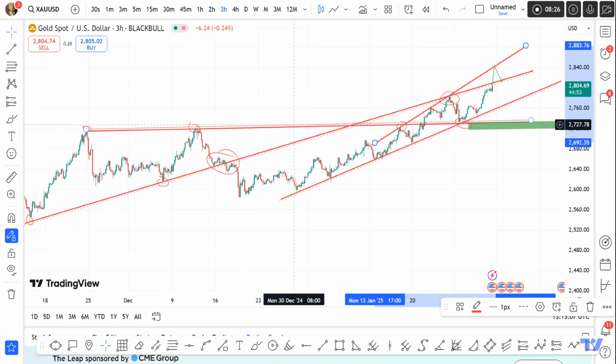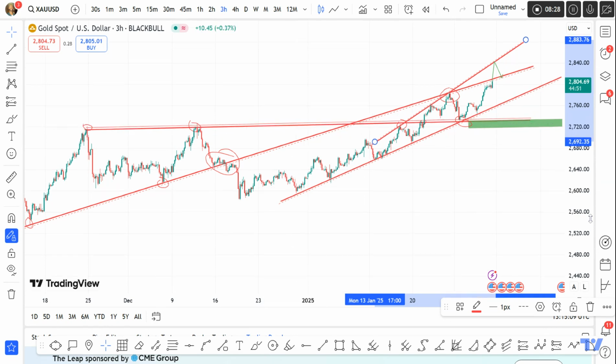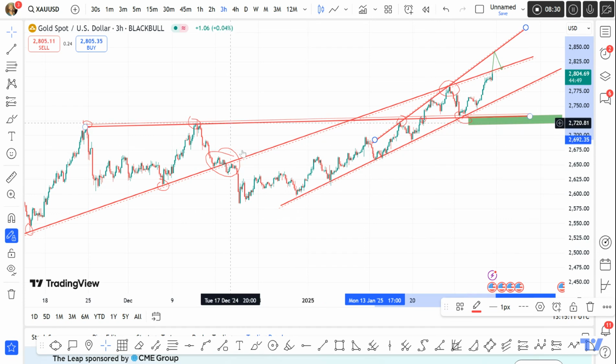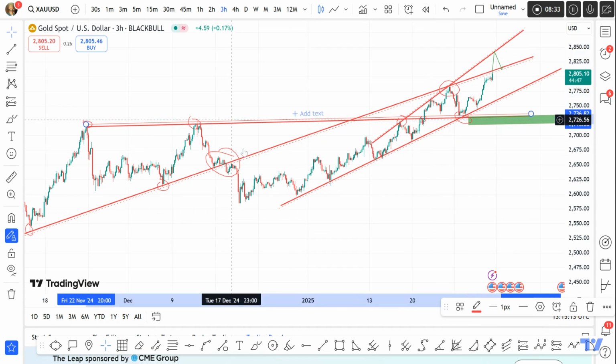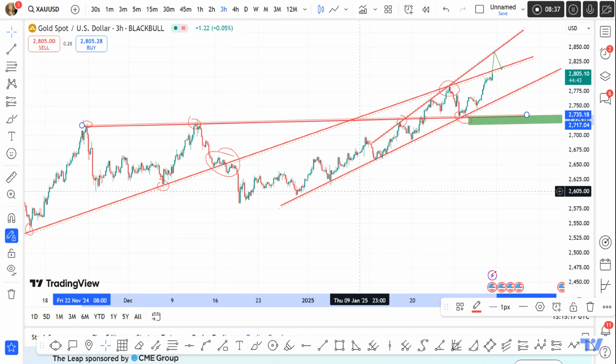So the PCE data print will be the most watched by the Federal Reserve, and other monetary policy team members will also be watching, and we'll have Bowman speak later in the evening. A member of the Federal Reserve will make his remarks, which also have something to do with monetary policy decisions. Each of them will have its effect and will bring a change in trade direction.